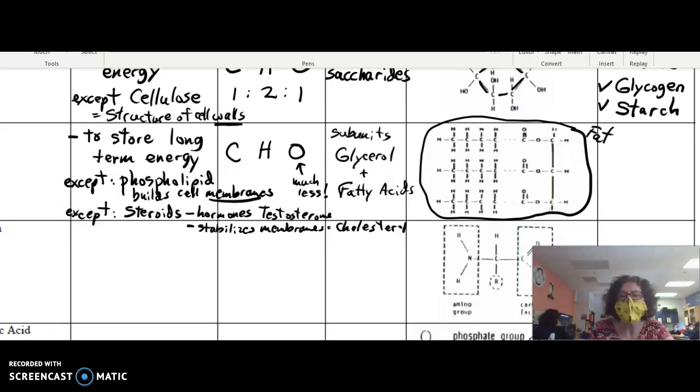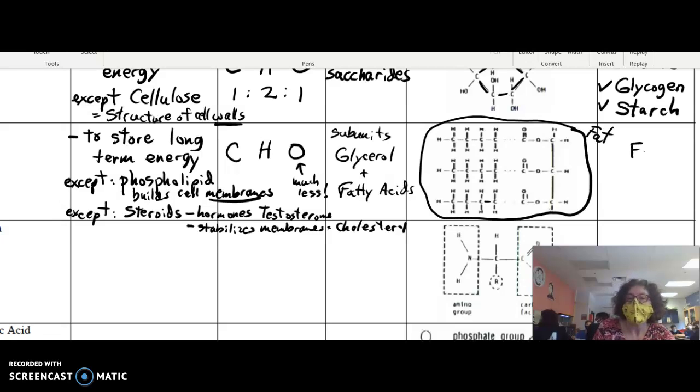It's saturated. Beautiful job. Yes. And the way you know that is because there are no kinks or bends or double bonds in these long chains over here. So this is a fat molecule that you'd find in an animal because it would be solid at room temperature. Okay? And to get more detail about that, you can look at the Pear Deck, which has much better pictures on it than that. And the Ed Puzzle, too, is really helpful with this.